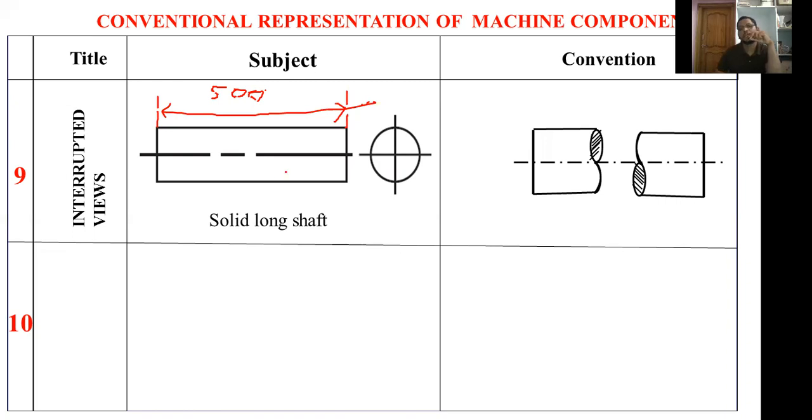So to overcome this problem, I am showing it like this, but I am marking the dimension like this, showing the same dimension. There is no need to draw all the length, no need to show the total length of the shaft. By showing like this, we can reduce the size of the diagram.